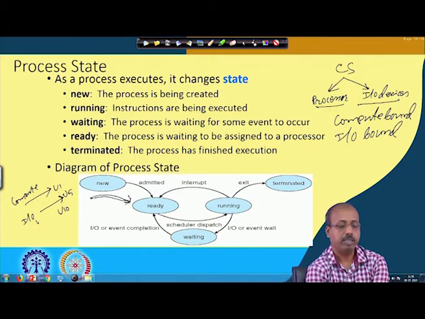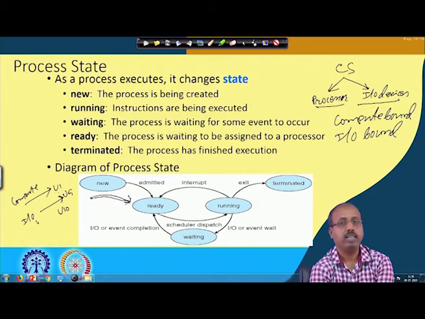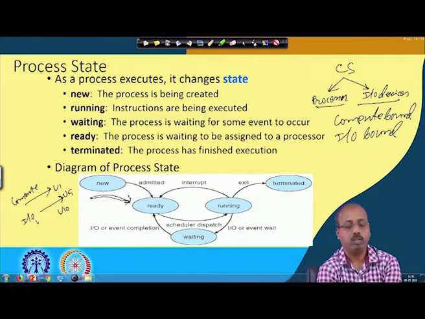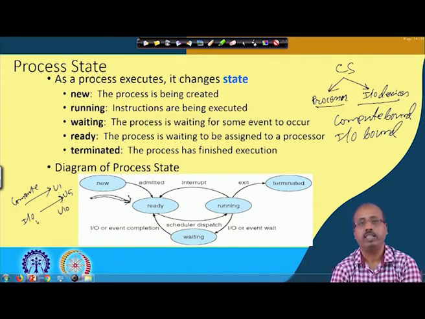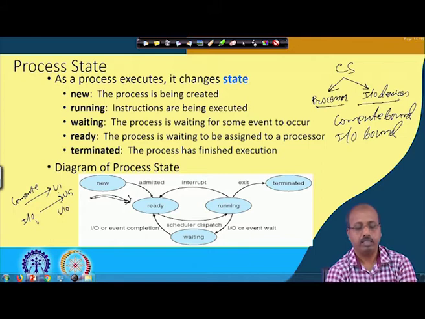That may be the policy. This is done by the long term scheduler. The long term scheduler tries to find out the characteristics of the jobs coming to the system from different users, and accordingly admits some of the jobs, whereas making others wait for some time to be admitted.